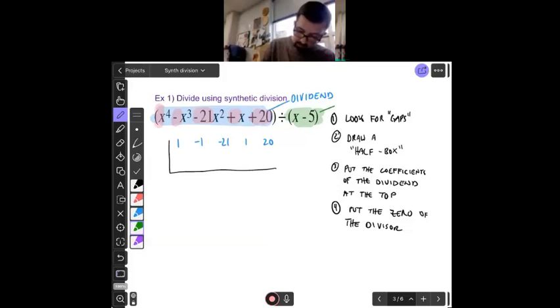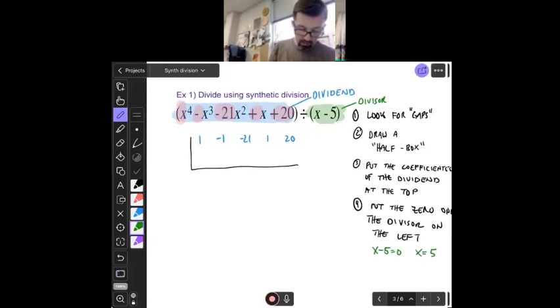So that is my divisor. The 0 of my divisor: I set the divisor equal to 0. You guys have done this. Solve that. That is the 0. X equals 5 is the 0. So I put a 5 over there.